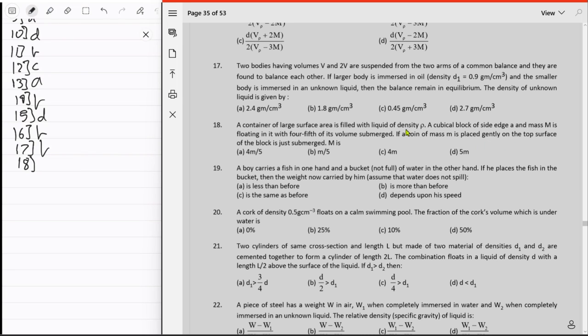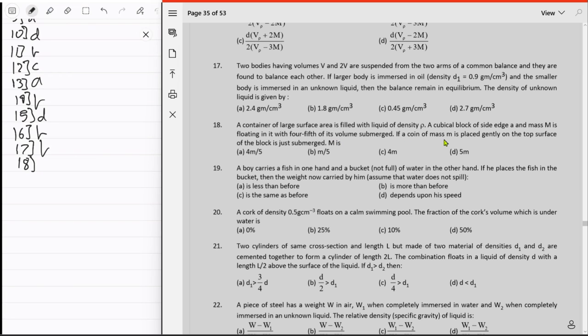Right now the block is floating with 4/5 of its volume submerged, so 1/5 of the volume is upward.